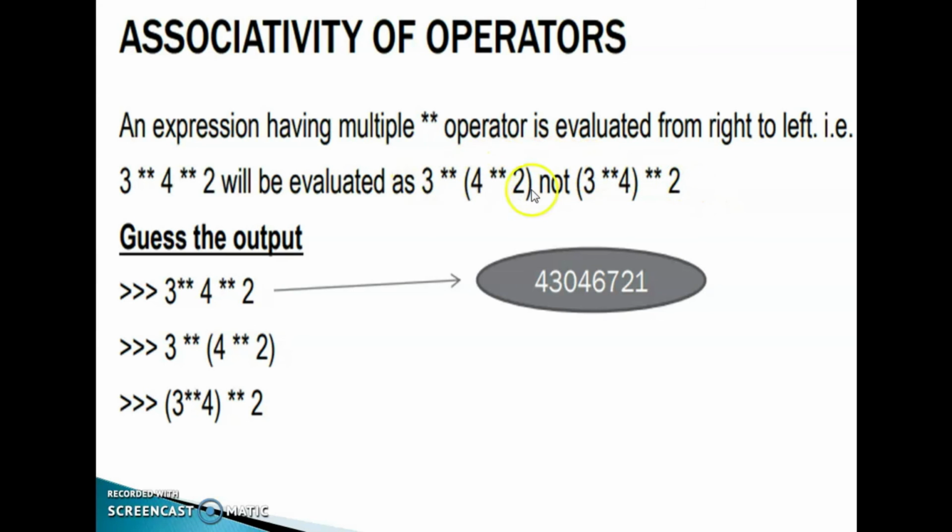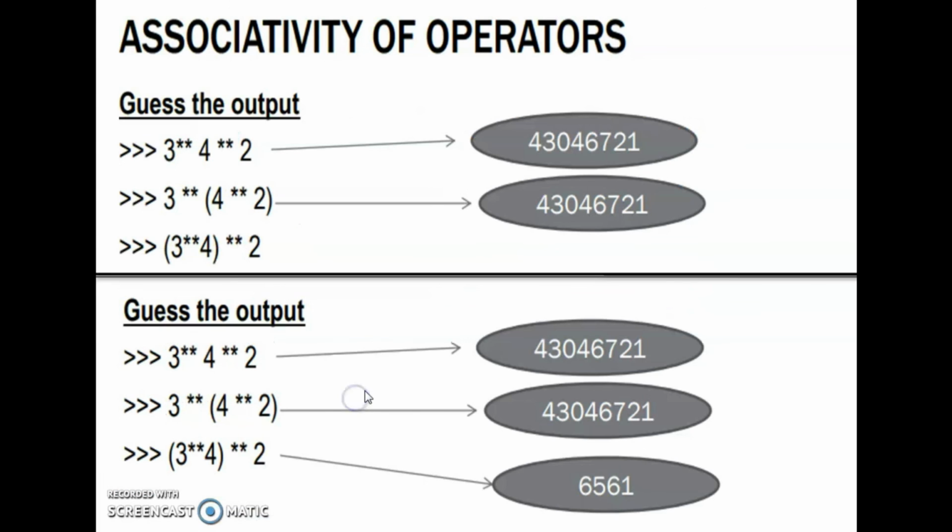This is the correct method. Okay, this is the output. After the execution of the first statement, you will get the answer like this. After the execution of the second statement, the same answer we will get. After the execution of the third statement, you will get the answer like this. Okay, clear?